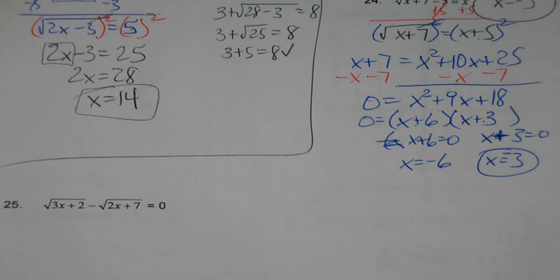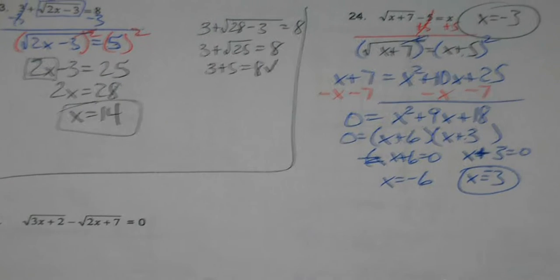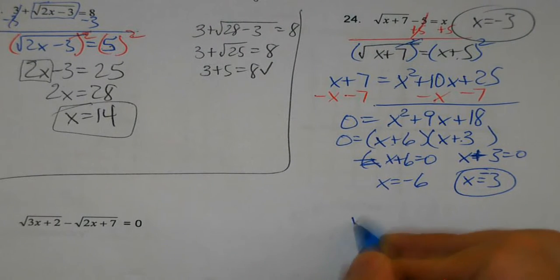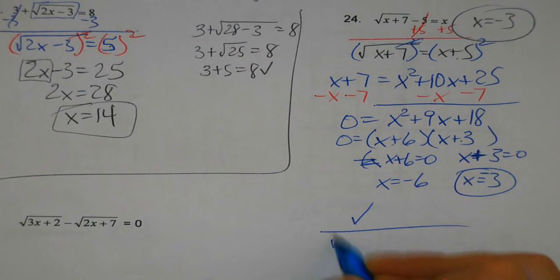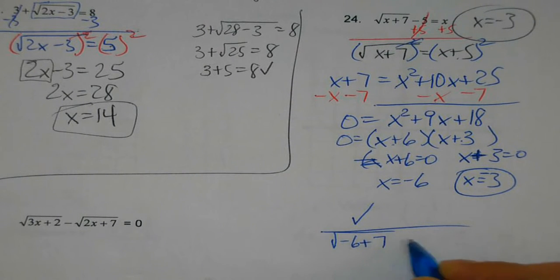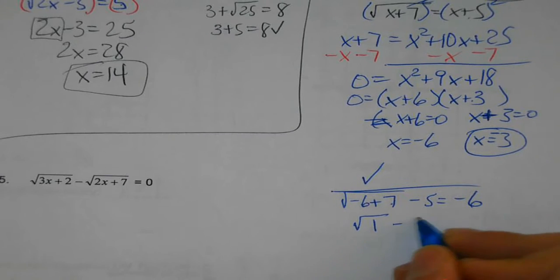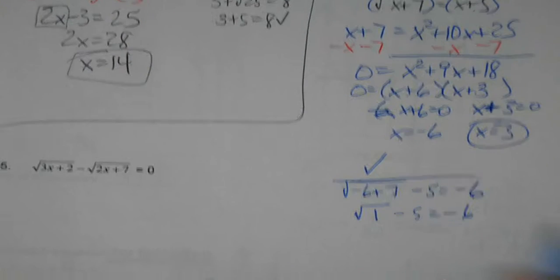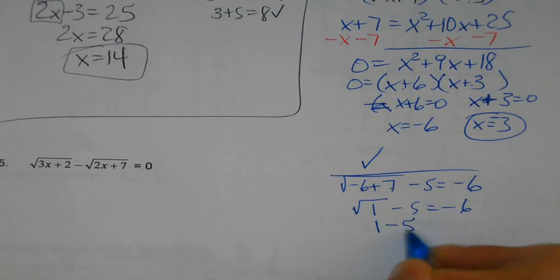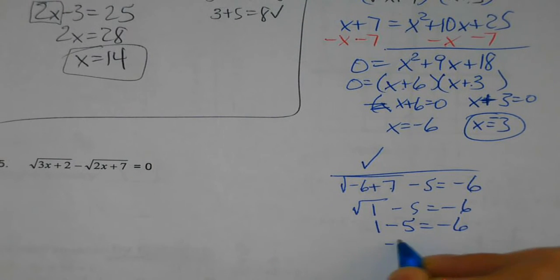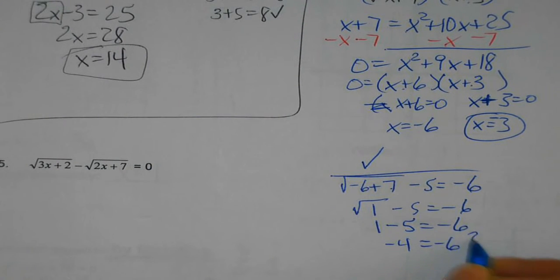Reminder, if I try with the negative 6 and I plug it in there, okay, let's do a little check work here. Negative 6 plus 7 minus 5 equals negative 6. Negative 6 plus 7 is 1. Square root of 1 is 1. Is 1 minus 5 equal negative 6? No, it doesn't.